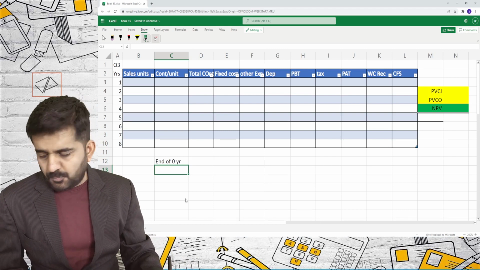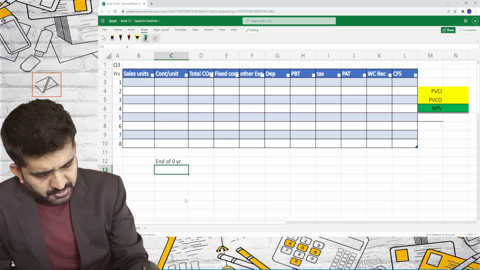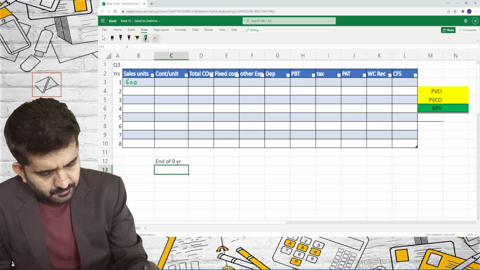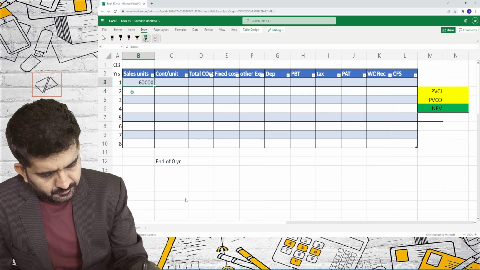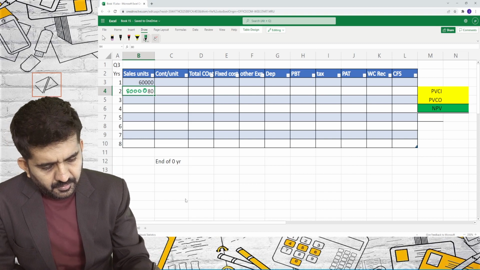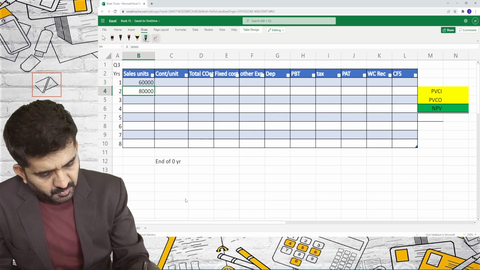What is the sales for 1 to 8 years? It is given. Sales of first year is 60,000. Second year is 80,000. Third, fourth and fifth is 1,40,000.